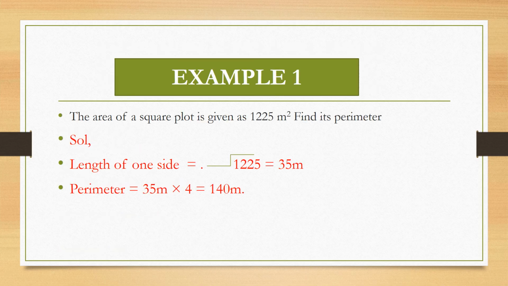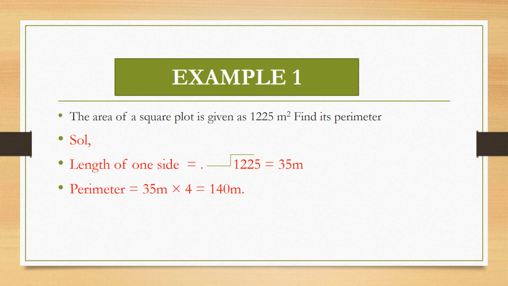And back to our example 1, we are saying that the area of a square plot is 1225 meters squared. Find its perimeter. So you'll find a question like that, joining area and perimeter, but we have done that one earlier. We said anytime they give you the area of a square plot, for you to find the length of one side, you need to find the square root.